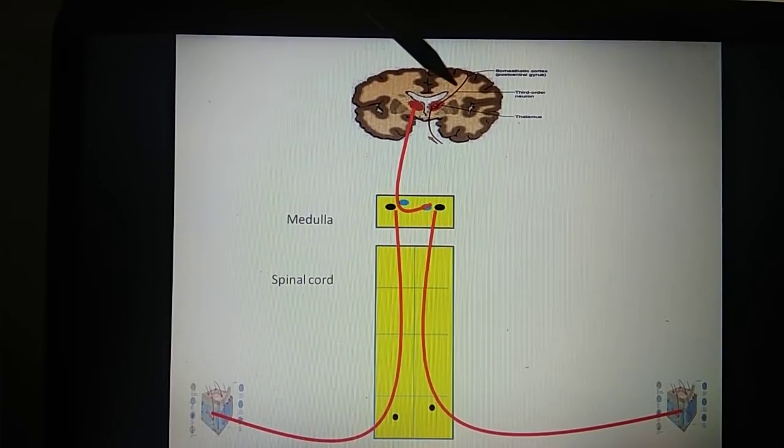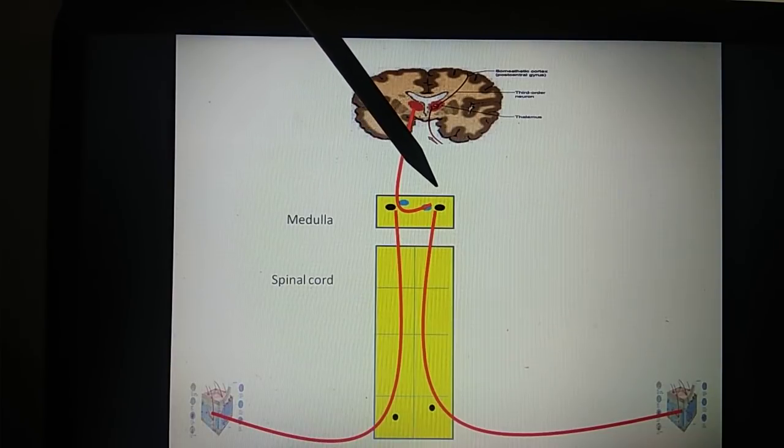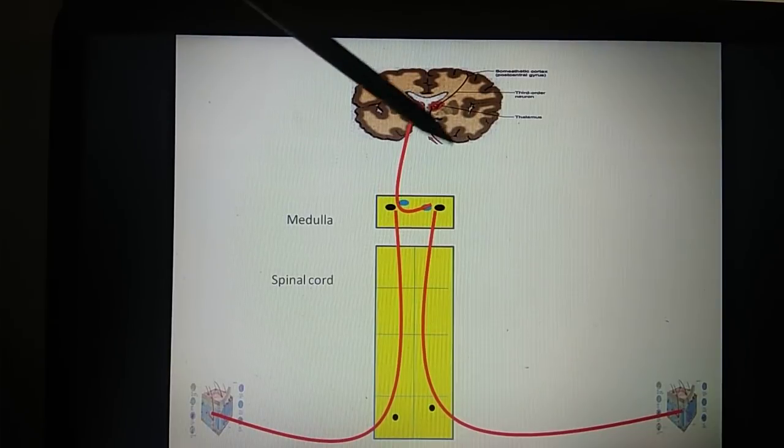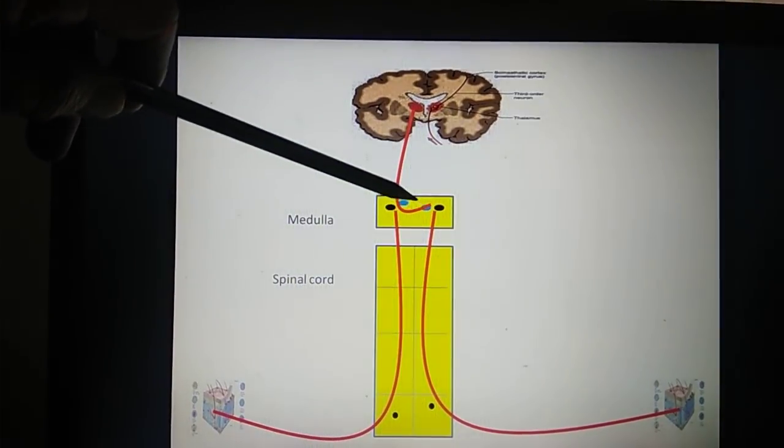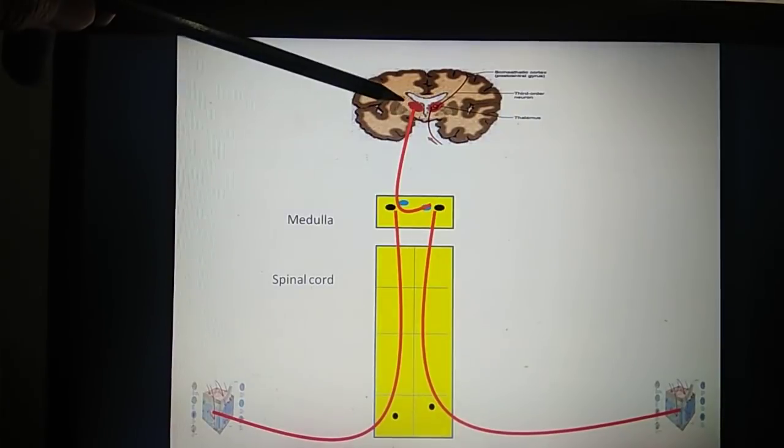Now from the medulla, these two nuclei, if you remember, are the nucleus gracilis and nucleus cuneatus. Nucleus gracilis collects information from the lower part of the body, and nucleus cuneatus collects sensations from the upper part of the body. From here the fibers cross to the opposite side and go to the thalamus.